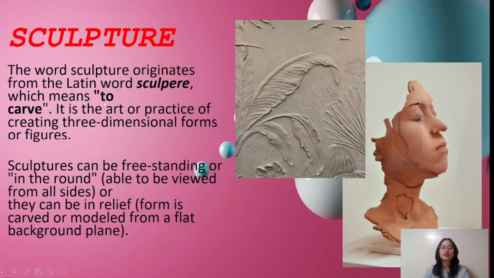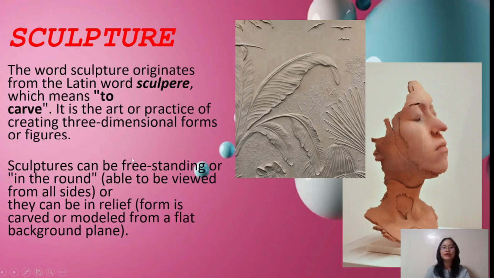That is what sculpture is: to carve, and a practice of creating three-dimensional forms or figures. Sculptures can be freestanding or in the round, able to be viewed from all sides. As I said, this is an example of a three-dimensional, freestanding form, where we are able to see the whole object and holistically appreciate the art.